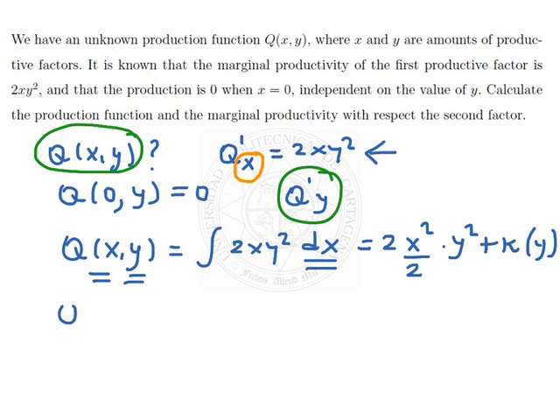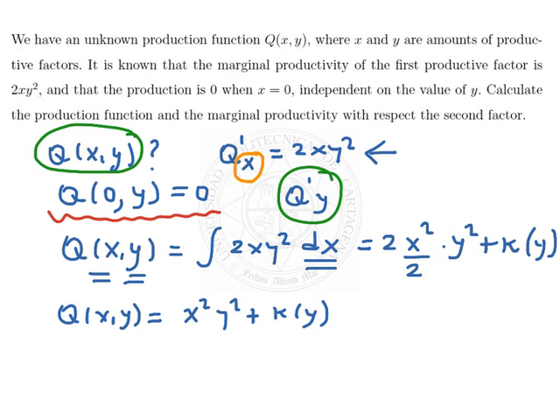So I copy here the result. The production function is x squared y squared plus a constant depending on y. To know this constant term, we will use this information: Q of 0,y is 0.